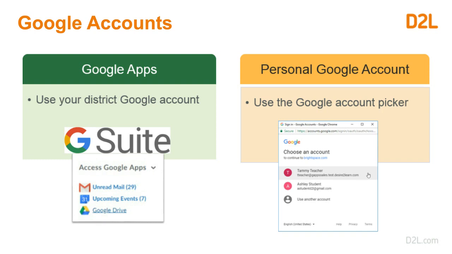Versus on the right-hand side there, your personal Gmail account is probably going to be something that you created with an @Gmail at the end of it. And you'll notice that I've even included a screenshot there of what that account picker looks like. So for those of us familiar with multiple Google accounts, occasionally when you want to change out and go from one account to another, you'll notice that you actually have the ability of changing which account you're using, and that's what that screenshot is there.